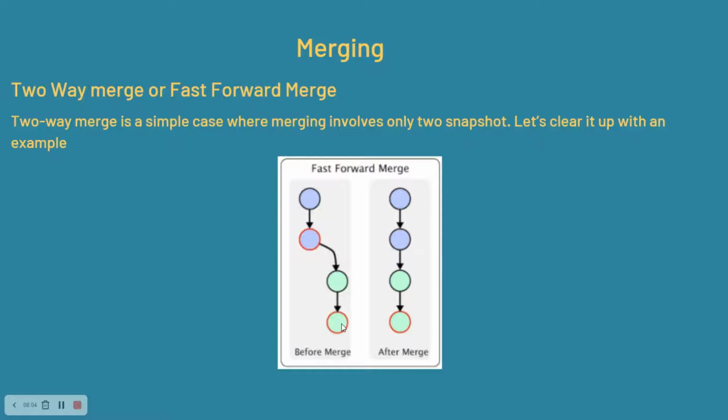You can do it by git merge and the name of the branch you want to merge with the master. After you have merged that branch, this is how it looks: it has a master branch commit, the feature branch, and the commit of the feature branch. I hope you got an understanding, but we will soon be looking at the practical scenario of this.